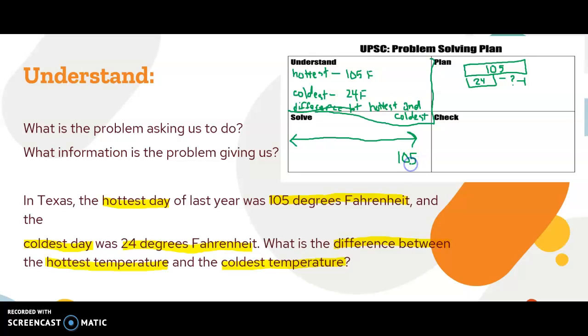Now, it's up to you what pattern you want to use and what's easy for you to count back. So remember that we're going to have to count back 24 on our number line.